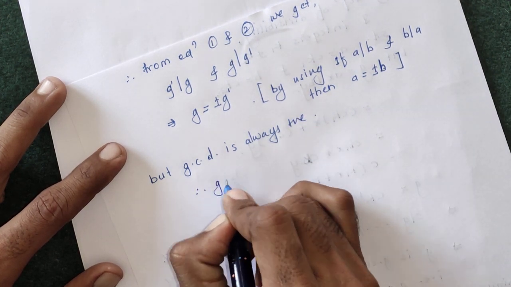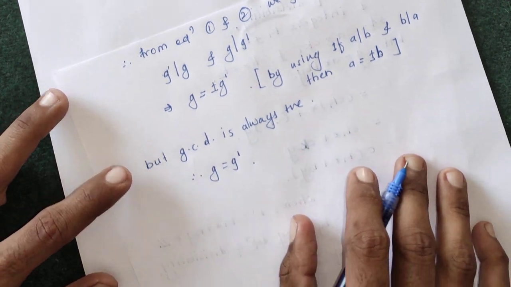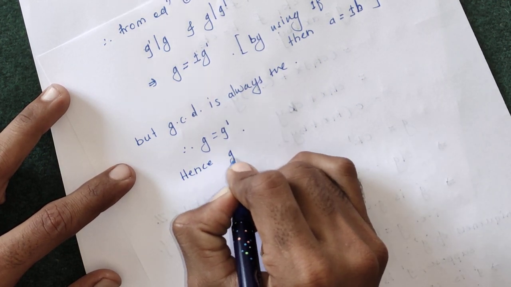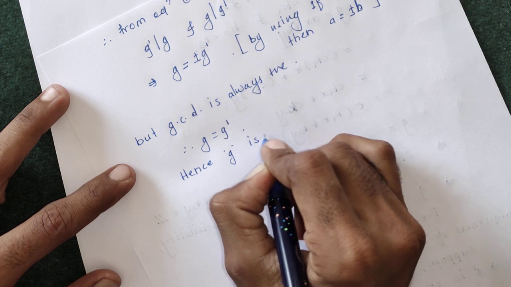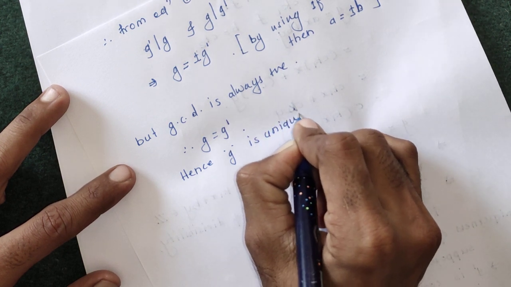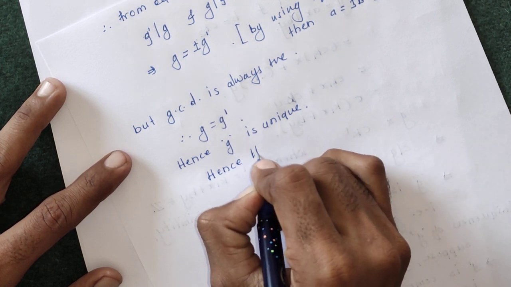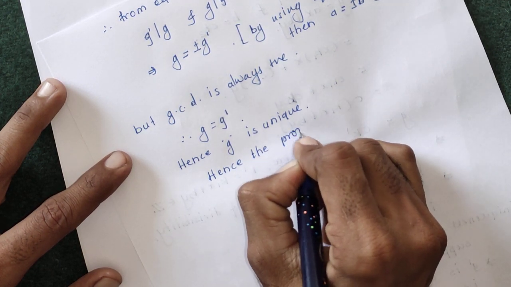Therefore, g is equal to g prime. Hence g is unique. Hence, the proof.